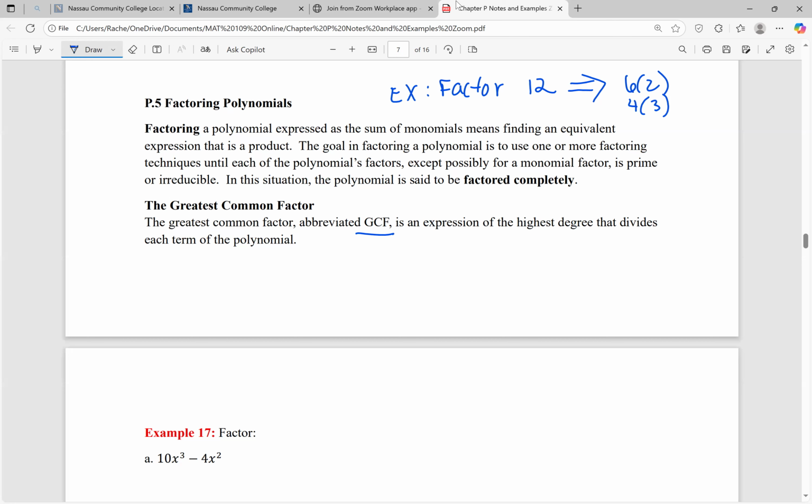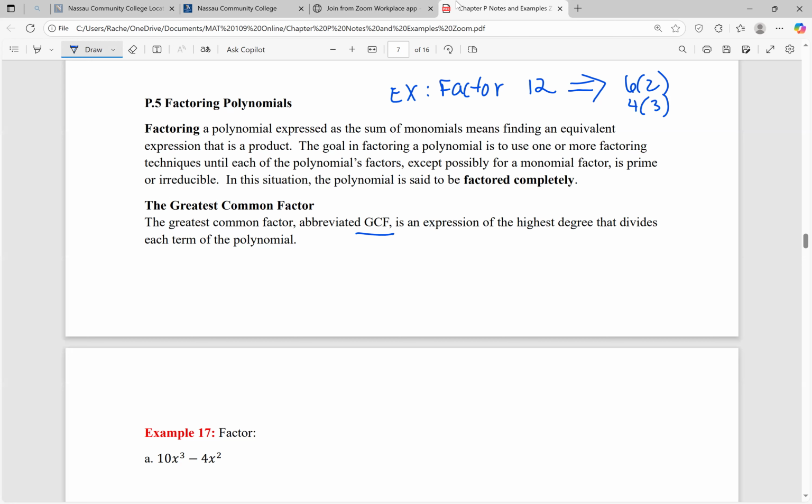Now we take the negative 4x squared and divide it by the GCF of 2x squared. Negative 4 divided by 2 is negative 2, and x squared divided by x squared is 1. So in factored form, I'm going to have 2x squared times 5x minus 2. And if I were to redistribute the 2x squared by multiplication, I'd end up with 10x to the third minus 4x squared.